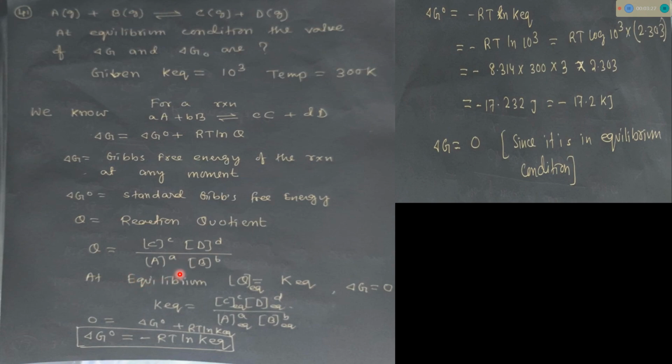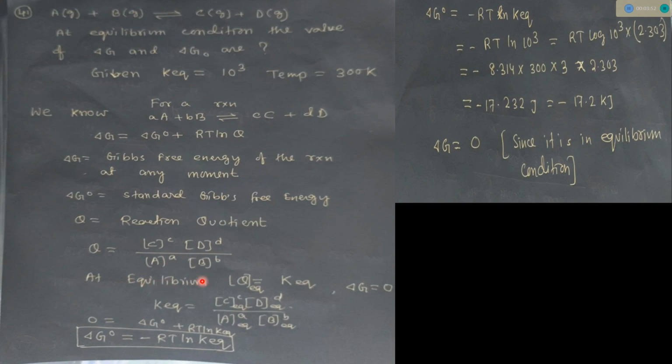At equilibrium, Q can be written as K equilibrium, which is the concentration of C and D with appropriate power at equilibrium upon the concentration of A and B at equilibrium with their appropriate power.